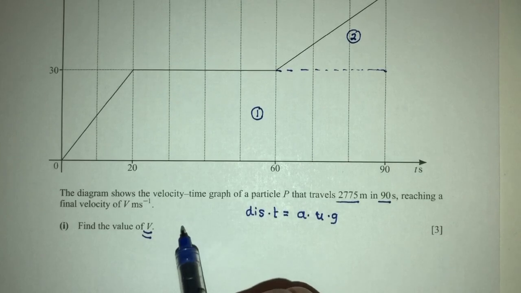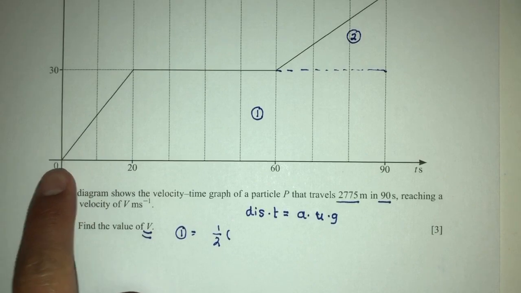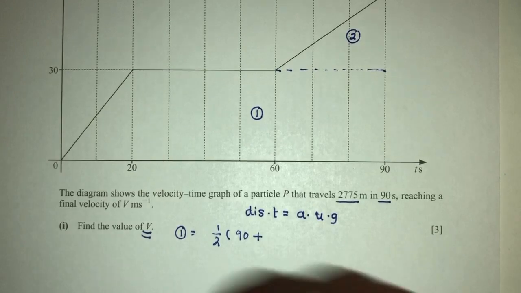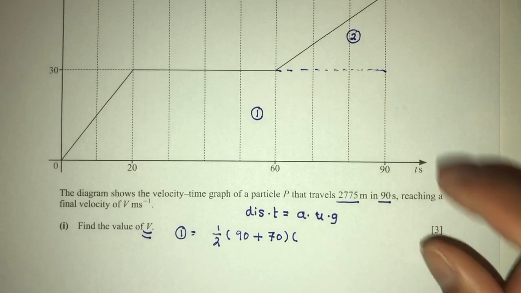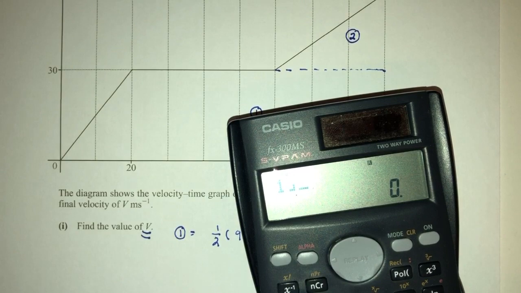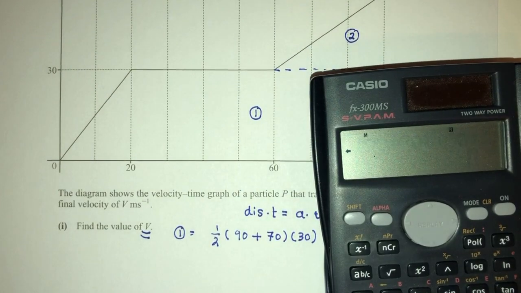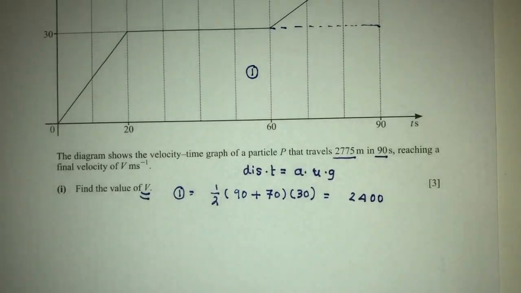Number 1 is pretty easy. The area of a trapezium is half times the sum of the parallel sides, this will be 90 plus this will be 90 minus 20, times the height in between, that will be 30. So half times 90 plus 70 times 30. That will be 2,400.